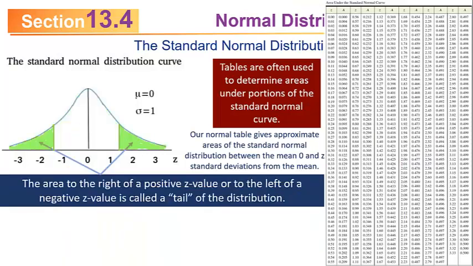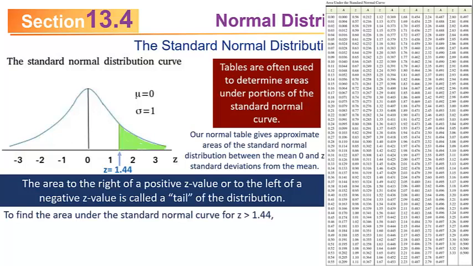The area to the right of a positive z value or to the left of a negative z value is called the tail of a distribution. Let's play with those a moment and see what happens. Suppose I wanted to find the area under the standard normal curve for a z greater than 1.44. It's pictured as a right tail, to the right of 1.44. The table doesn't give you the area to the right of a z.